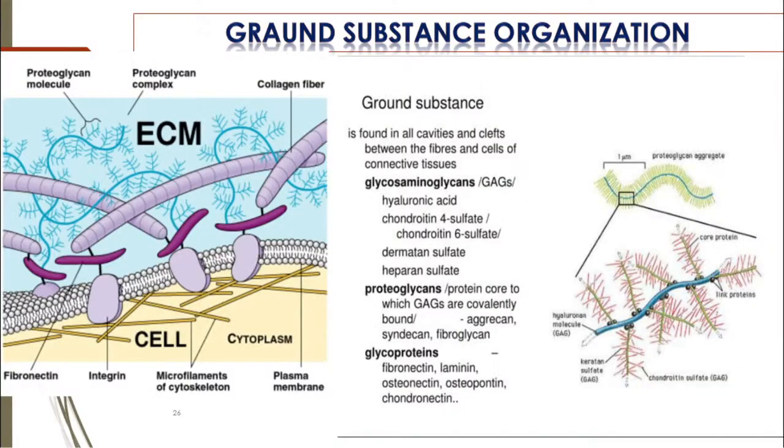Well, so, ground substance organization. Let's now talk about the elements of the ground substance. It consists of glycosaminoglycans, GAGs. One of the famous ones is hyaluronic acid, and others are chondroitin 4-sulfate, chondroitin 6-sulfate, dermatan sulfate, and heparan sulfate.